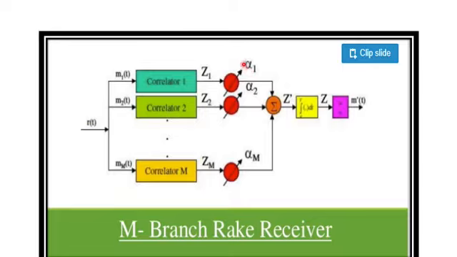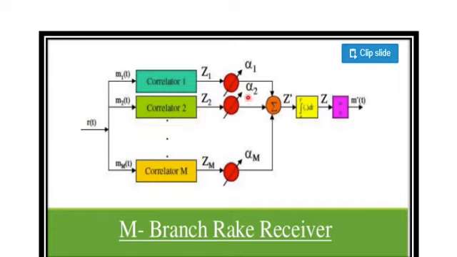The weighting coefficients are based on the signal to noise ratio of each correlator output. If the SNR is small for a particular correlator, it will be assigned a small weighting factor.